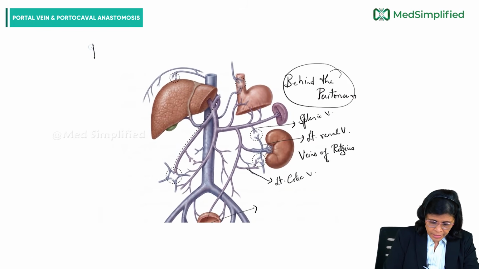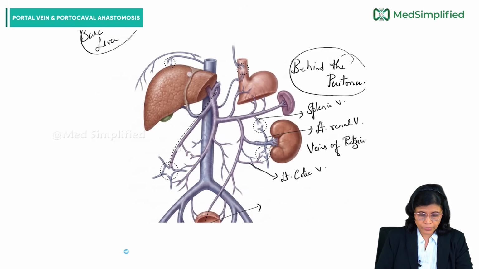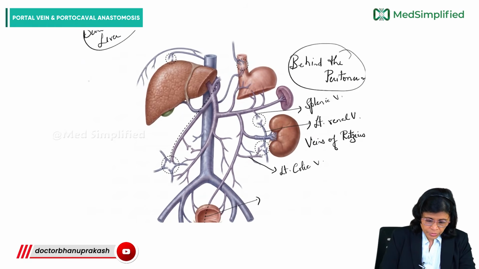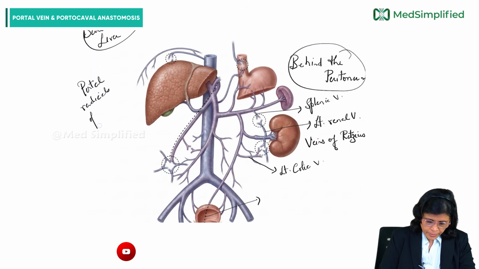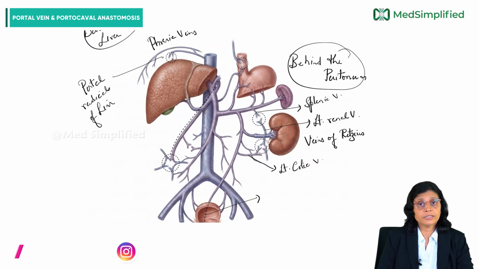Here the portal radicals of the liver, which belong to the portal system, will anastomose with the diaphragmatic or phrenic veins, which belong to the systemic circulation.